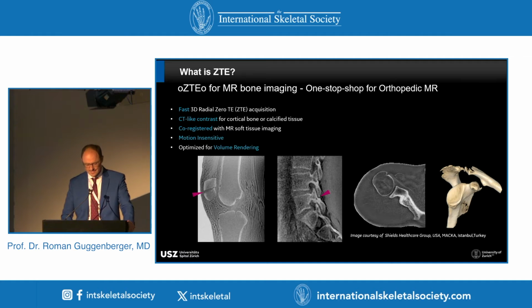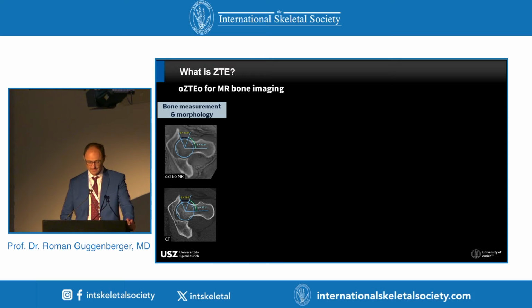So we've already seen this. Osteo seems to be really an interesting sequence as a one-stop shop orthopedic imaging tool. We can do fast imaging. We have a CT-like contrast. We can co-register it with classic morphologic MR images, and we can do it quite motion insensitive and also use the information for volume rendering. We can use those scans for measurements in the bone, for example, femoroacetabular impingements.